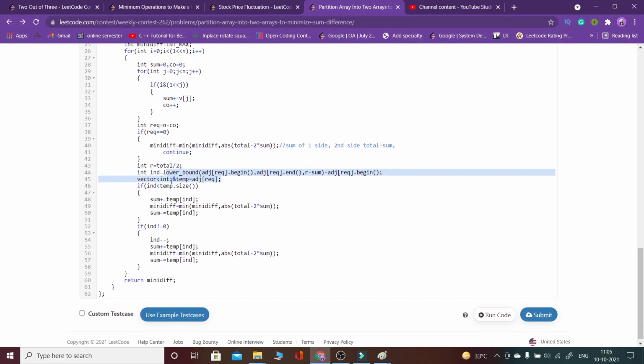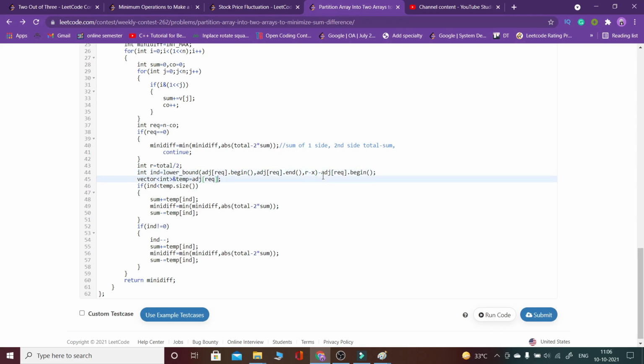Now let's see it through code as well, so it would be more clear. What I did is I took the lower bound of r minus sum. Sum is my current subset sum, that is x. That is what I showed in the picture as x. As we know the required number of elements, the sums of all the subsets whose size is the required size I have stored in the adjacency matrix, and I have calculated the lower bound from that vector because I want the nearest element to r minus x.